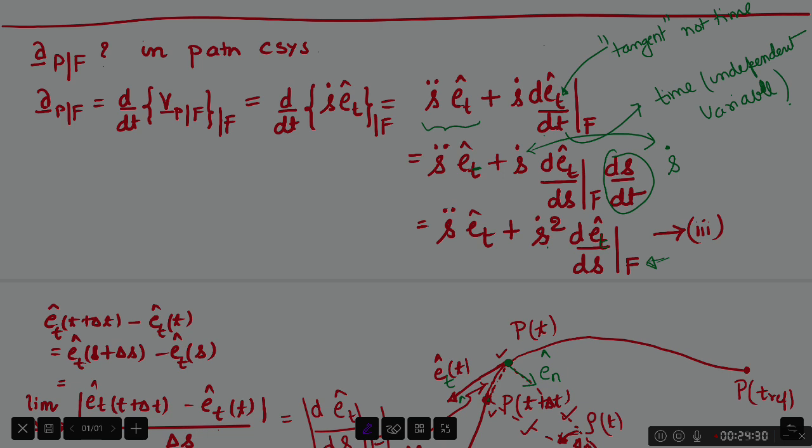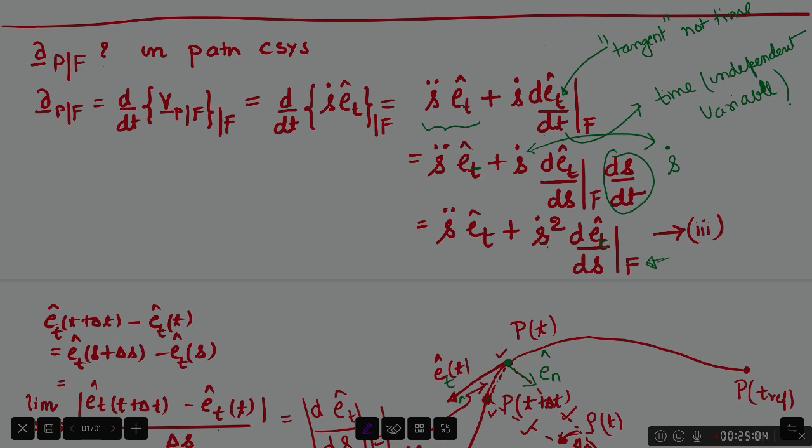In today's class, we are now going to express APF using the path coordinate system as our working coordinate system. So the expected answer is going to have ET, EN, possibly EB, one or more of the basis unit vectors of the path coordinate system, and we also expect maybe S or its derivatives to appear there.